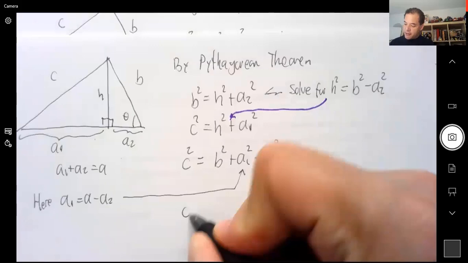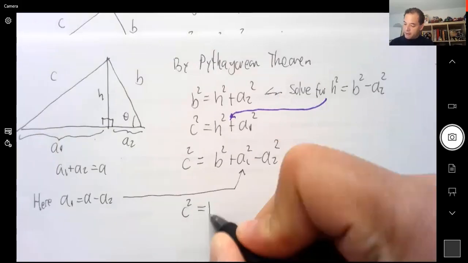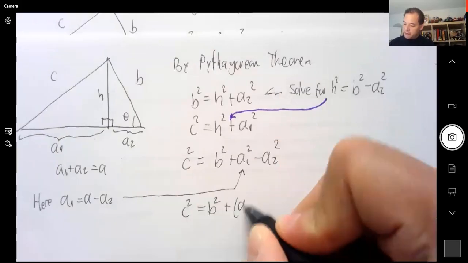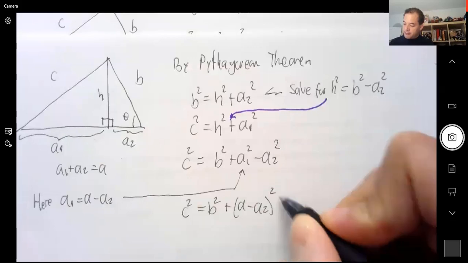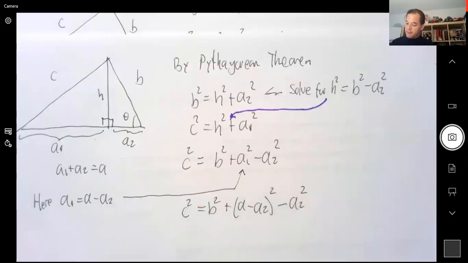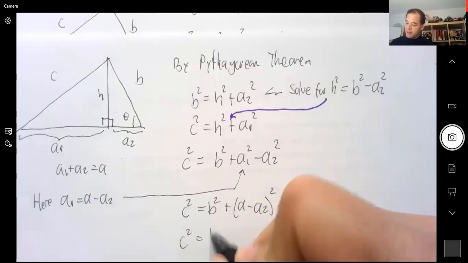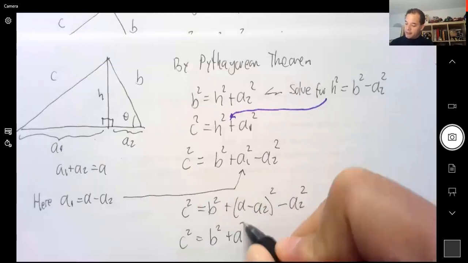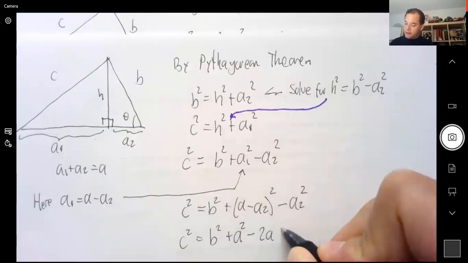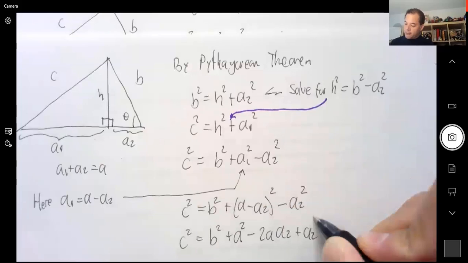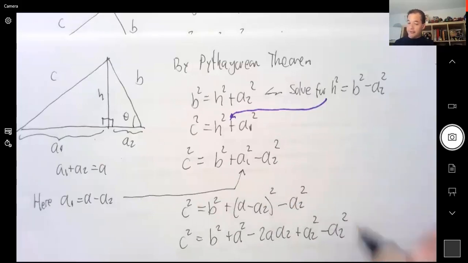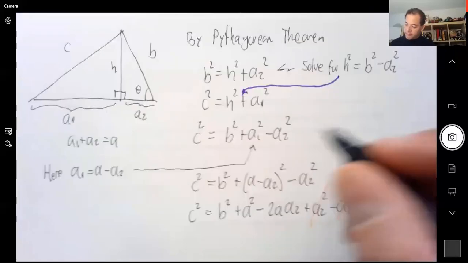We get c squared equals b squared plus (a minus a2) squared minus a2 squared. Now I'm going to expand that square. That's going to be a squared minus 2a a2 plus a2 squared minus a2 squared. And that's actually nice because these two cancel, right? So this is our situation so far.